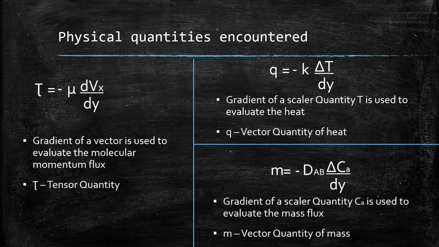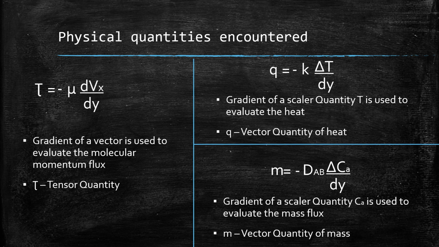Now heat flux and mass flux are more or less similar. Why? Because there is a scalar, that is T, temperature, and a scalar, that is concentration, that we can measure. Now we are taking a gradient of a scalar quantity, hence the heat flux and mass flux are vector quantities that we encounter in our scenarios.